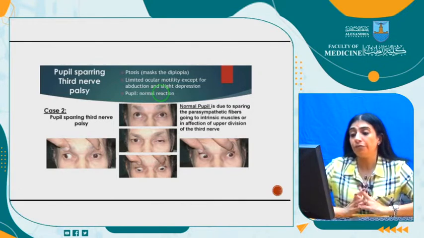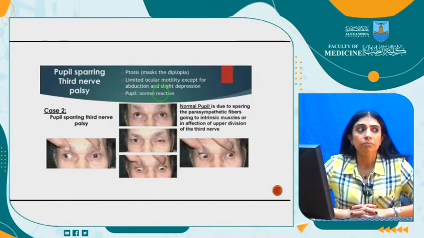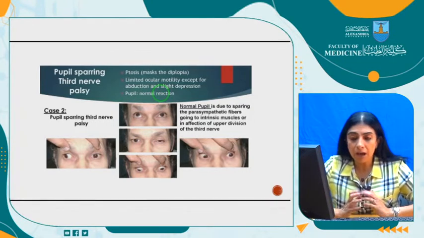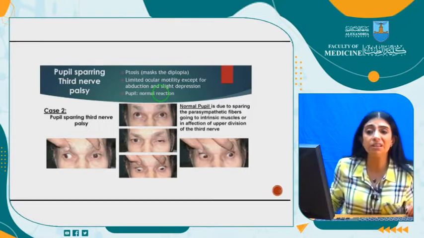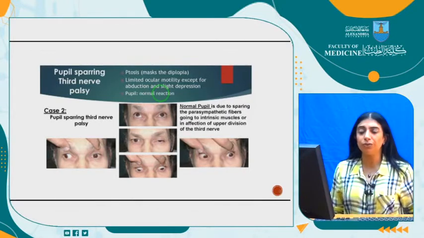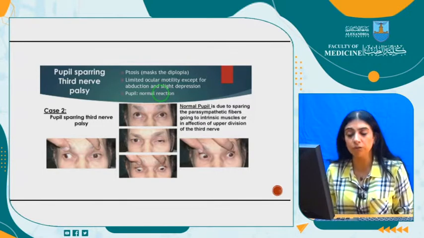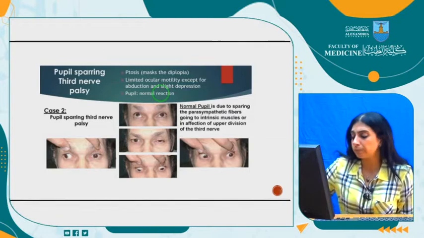This type of pupil-sparing third nerve palsy may hide underneath dangerous causes, but most of the time it will be benign. Mostly it is due to microvascular disorder, diabetes and hypertension on top, which cause ischemia of the cranial nerves.